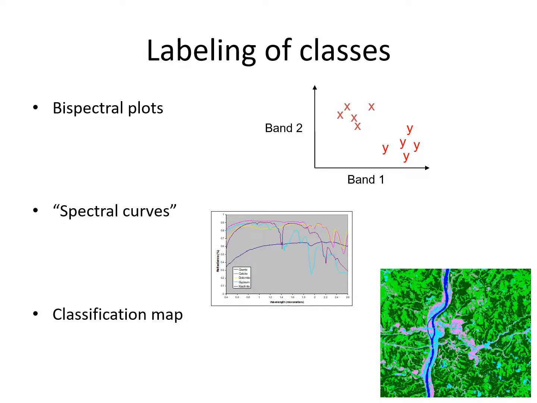These are all different ways of showing the different things: X's and Y's, different minerals on spectral curves, choropleth type or style of map, identifying different classes of land use or land cover.